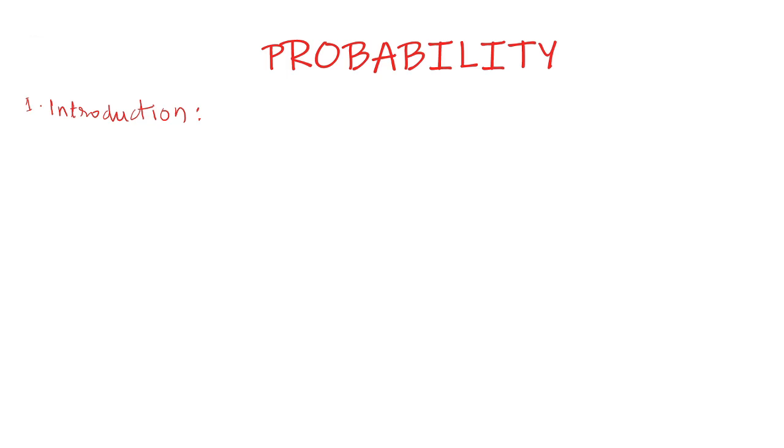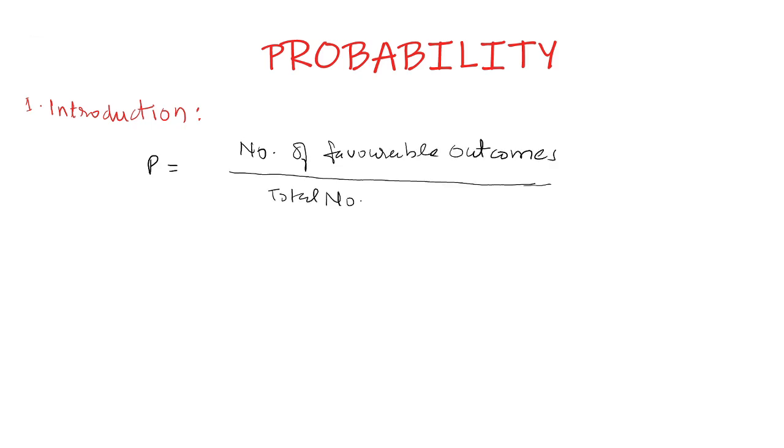In earlier classes we have learned the definition of probability, which is called the classical theory of probability, in which probability is the ratio of the number of favorable outcomes to the total number of equally likely outcomes. So we can write probability equal to number of favorable outcomes divided by total number of outcomes.